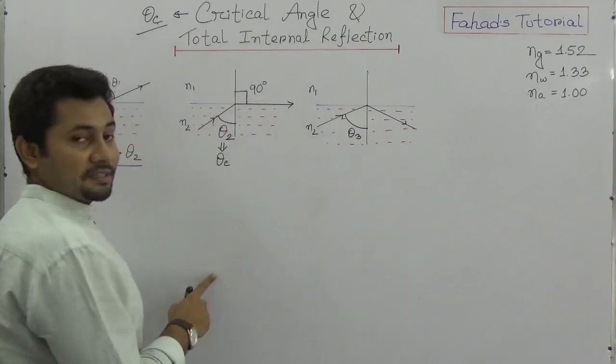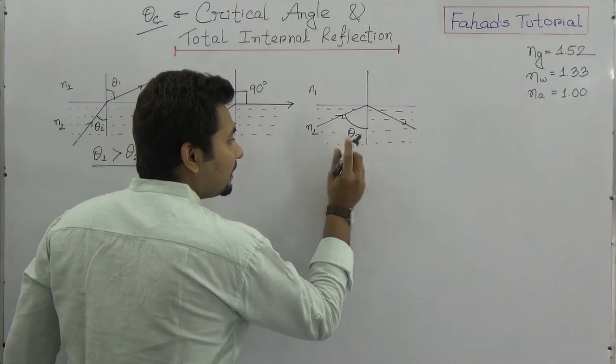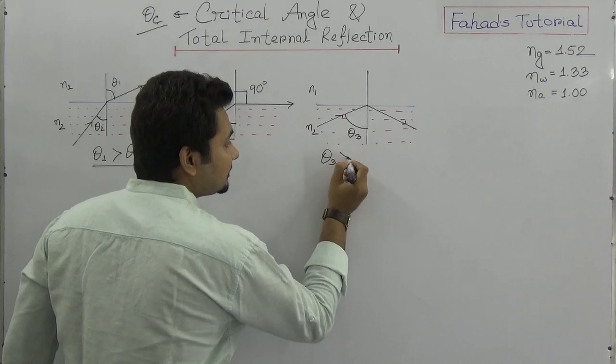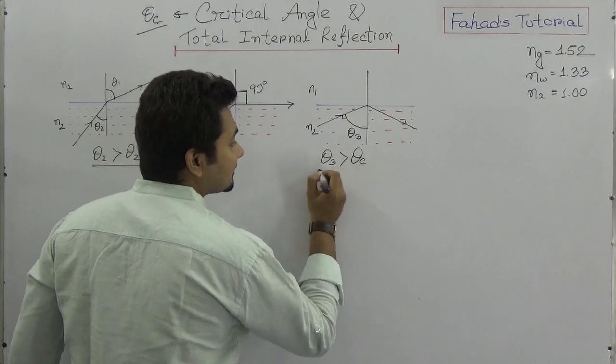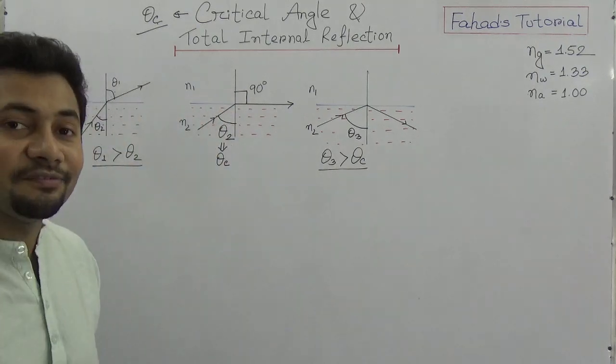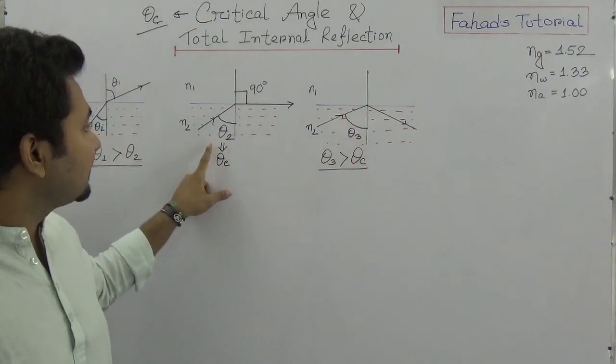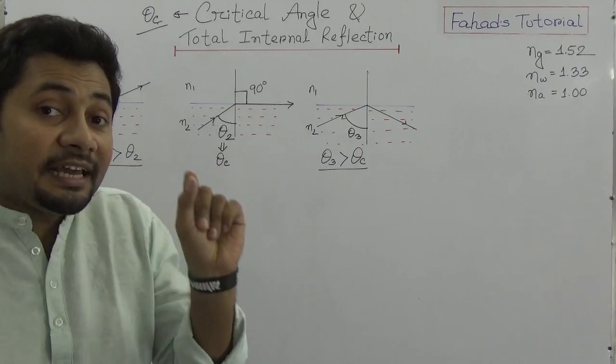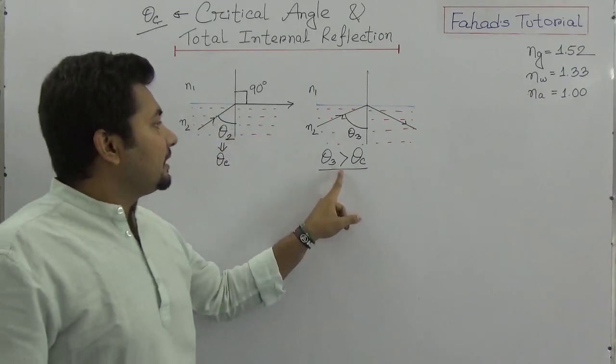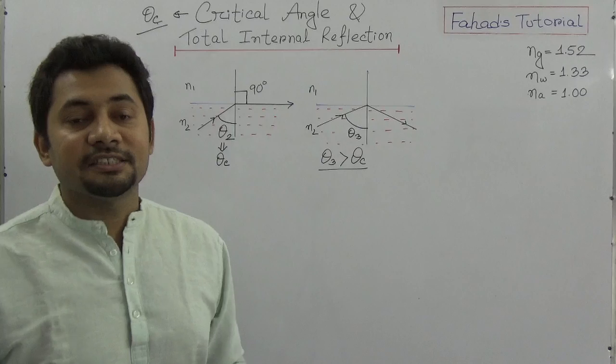Suppose this is theta 3. When the angle of incidence is greater than the critical angle of that medium, then total internal reflection will happen.